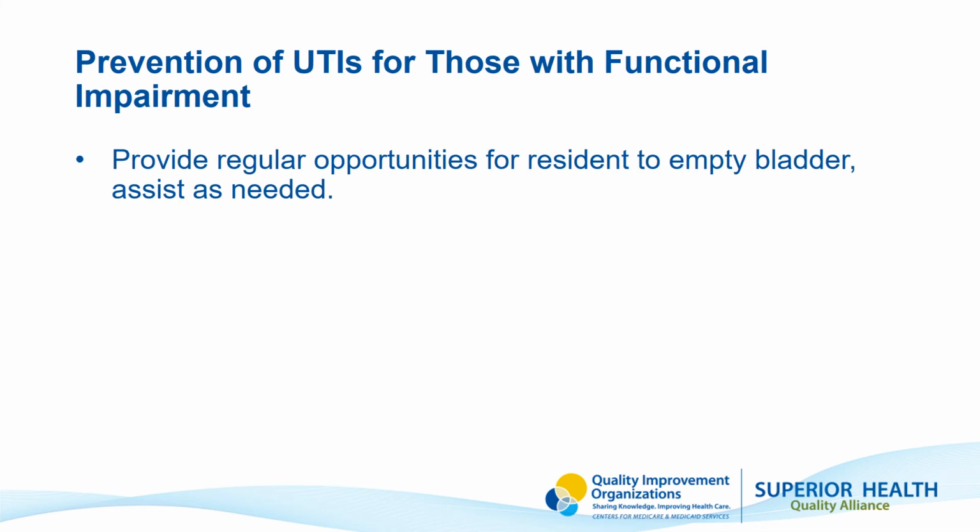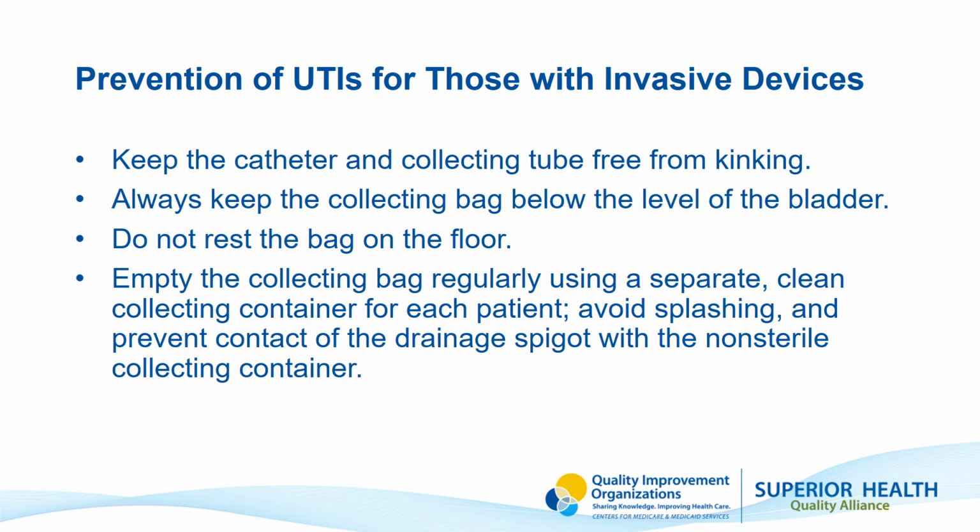As with people who are incontinent of bowel and/or bladder, for those that are impaired and need assistance with toileting, provide regular opportunities for patients to empty their bladder and assist them as needed. A person with a Foley catheter is at high risk for developing a UTI. To help with UTI prevention, be sure to keep the catheter and collecting tube free from kinking.